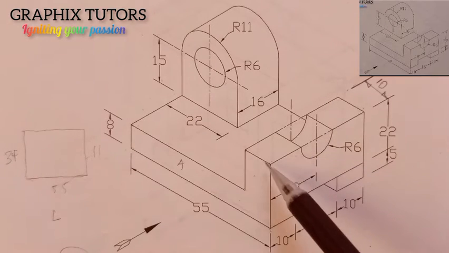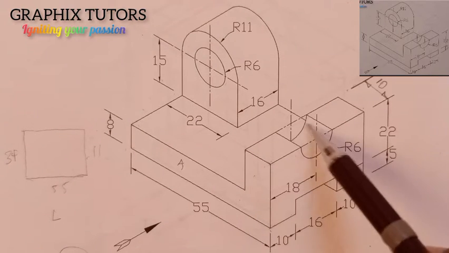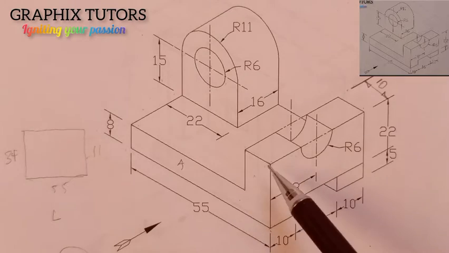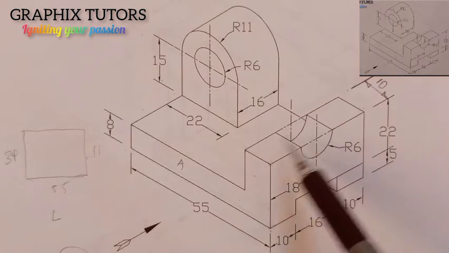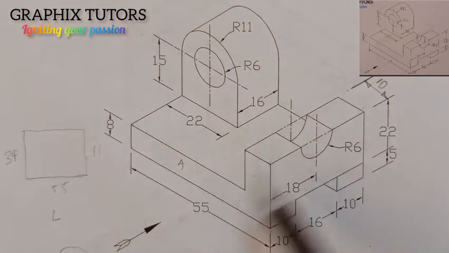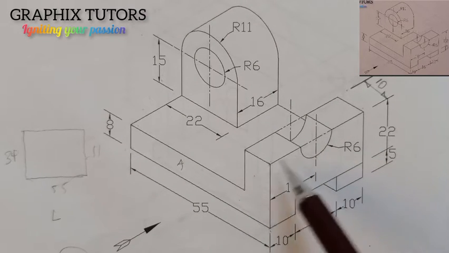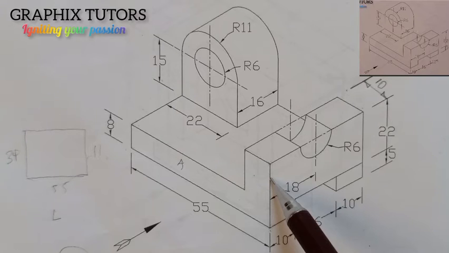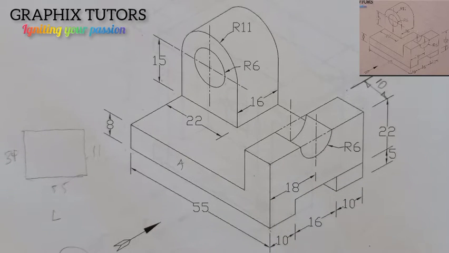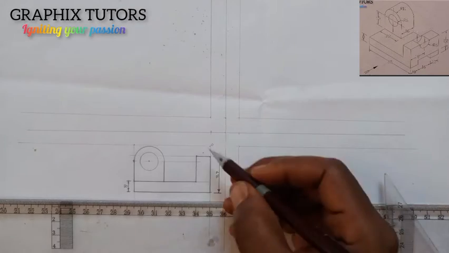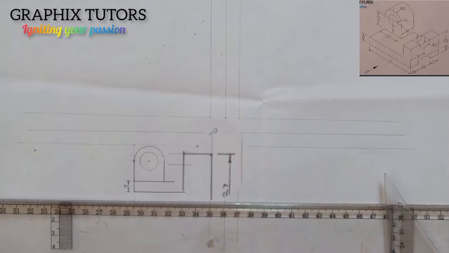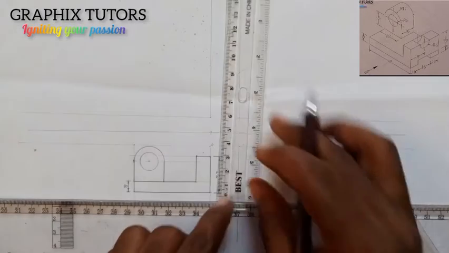So I'm going to measure 6 from here downward, because if you're seeing a curve from a straight line, you'll be seeing it as a straight line, right? So if I'm looking at the curve from this side, I'll measure 6 downward from here to here. So this point here is this point here, right? So I'm going to measure 6 downward.